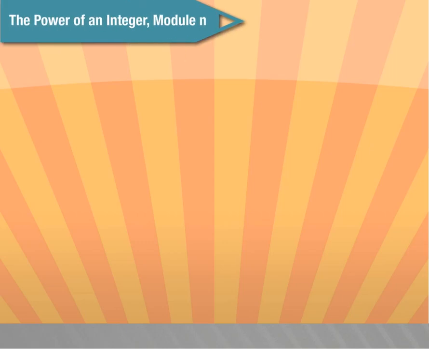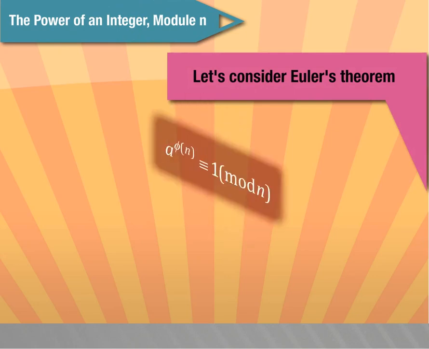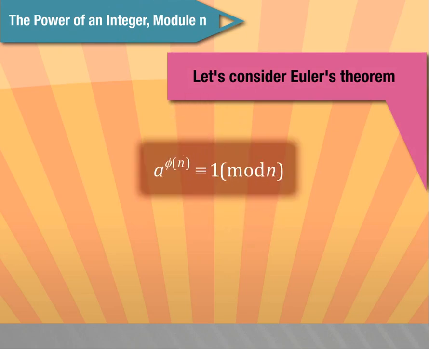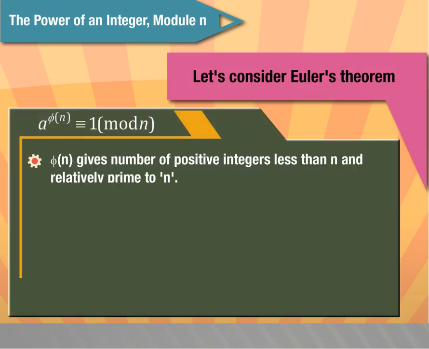The power of an integer modulo n. Let us consider Euler's theorem. A to the power phi of n is congruent to 1 mod n, where a and n are relatively prime. Phi of n gives the number of positive integers less than n and relatively prime to n.